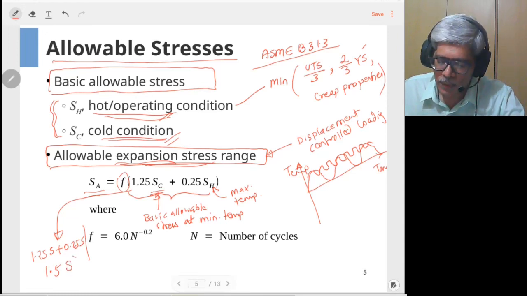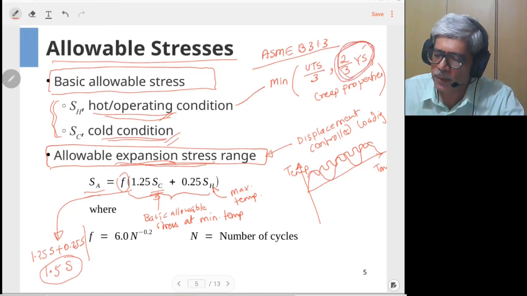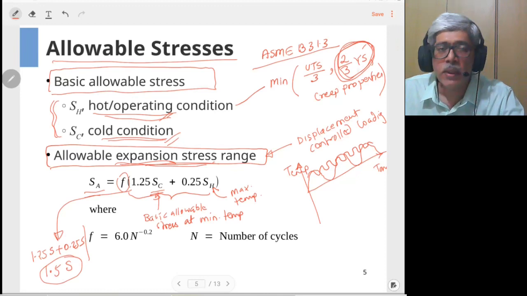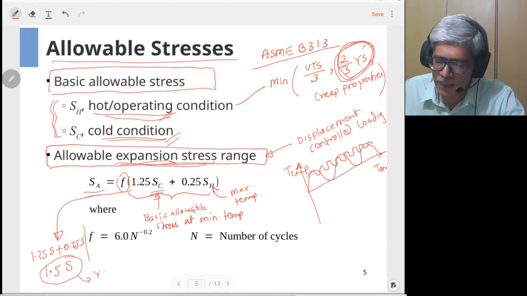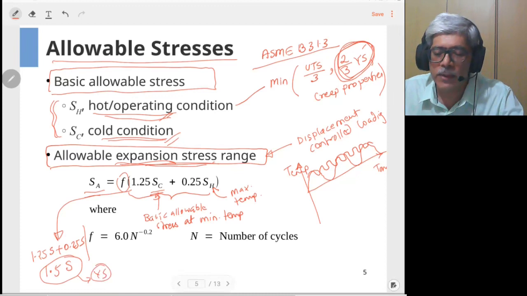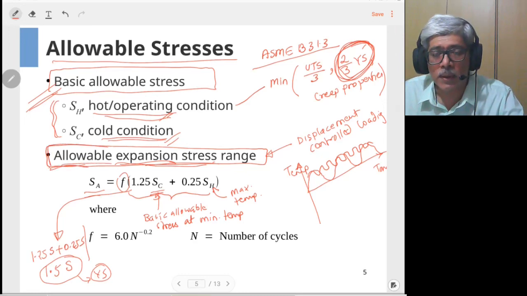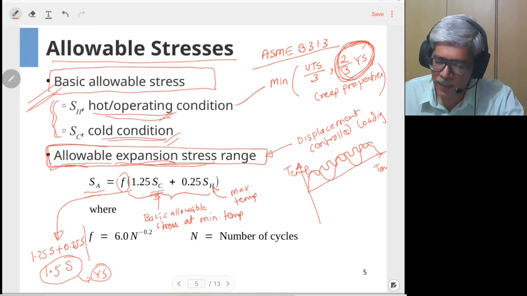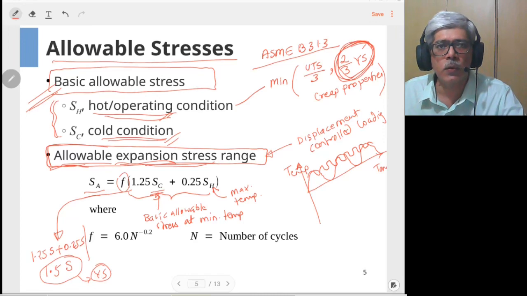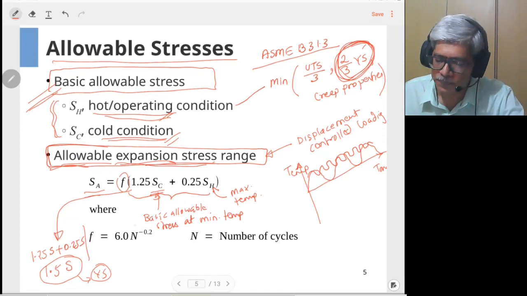So if you look at this particular term with respect to the basic allowable stress we are talking about, this 1.5 S will be equal to the yield strength of the material. That means in sustained condition, we are limiting up to 2/3 yield or about 0.67 times yield, whereas in the second case, that is the thermal expansion case, we are allowing the stresses to go right up to the yield strength.